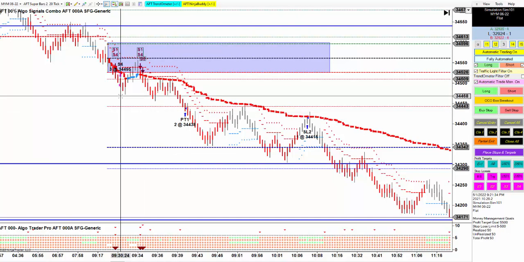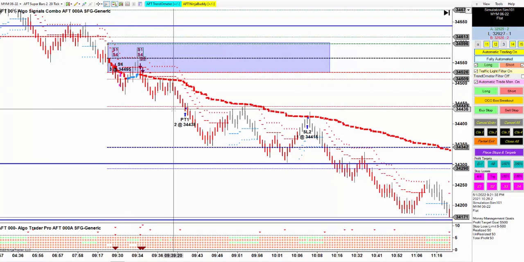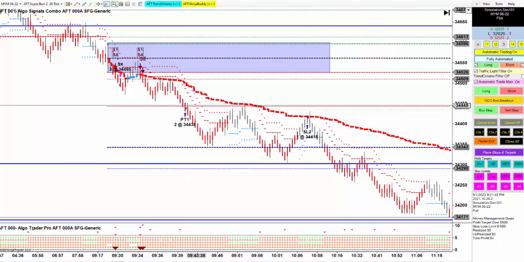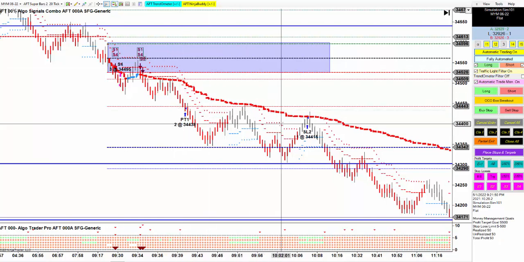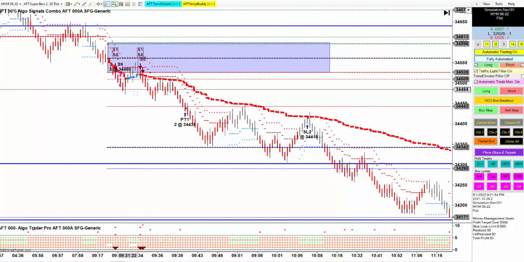So in this case, again, it took us in, took the first target here, and again, that's all pre-programmed in the software. It has an initial target for 2 contracts and then a trailing stop on the last, but it will also manage those initial contracts.